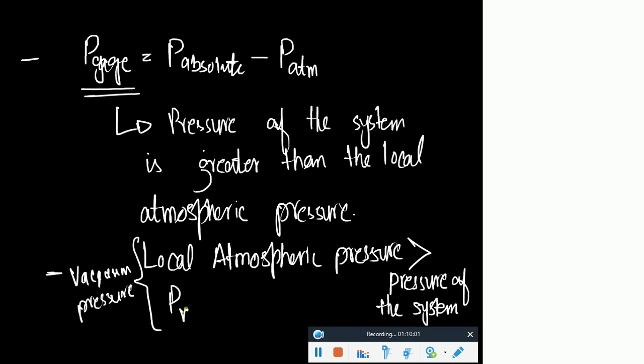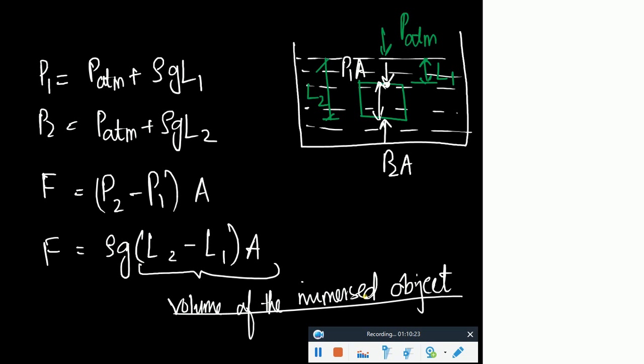So you can say P vacuum would be equal to P atmosphere minus P absolute, or the pressure of the system. Okay, these are different quantities which you use over there.